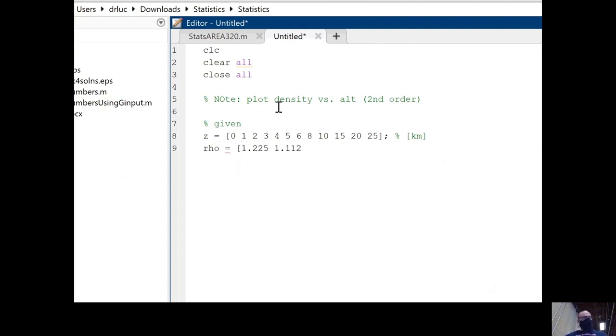Actually, before I stop teaching thermo, anybody have me for thermo? I don't think so. You didn't have me for thermo. This was their homework 1, to do this.